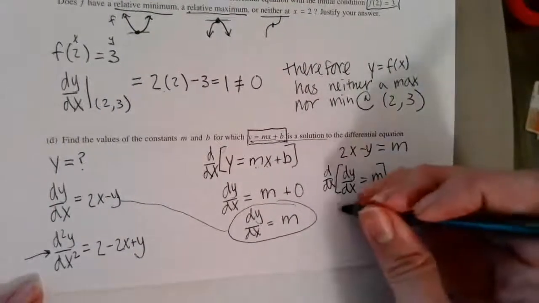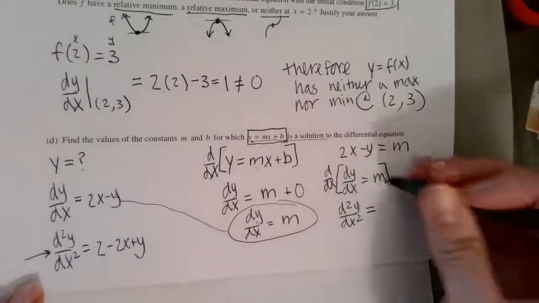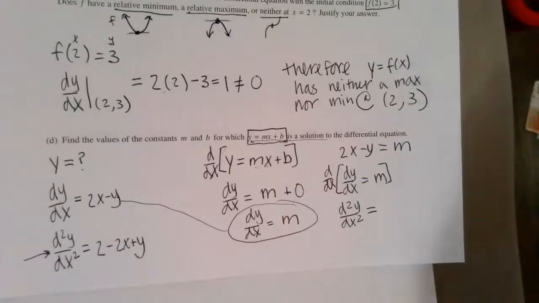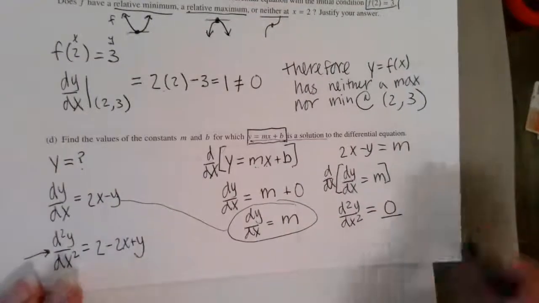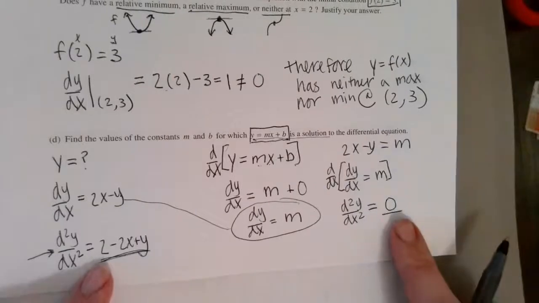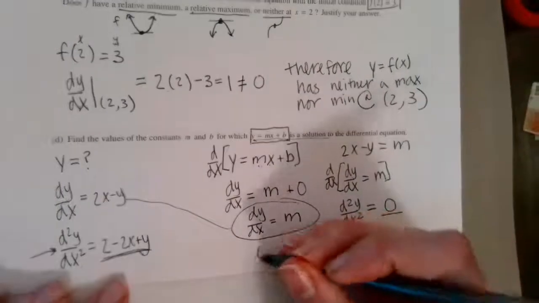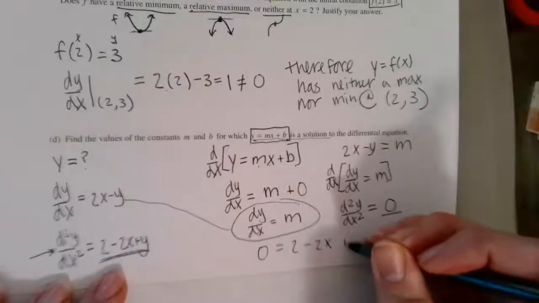Derivative of dy dx is d squared y over dx squared equals the derivative of m, which is 0. So I can say that 0 is equal to the second derivative that I already found. So 0 equals 2 minus 2x plus y.